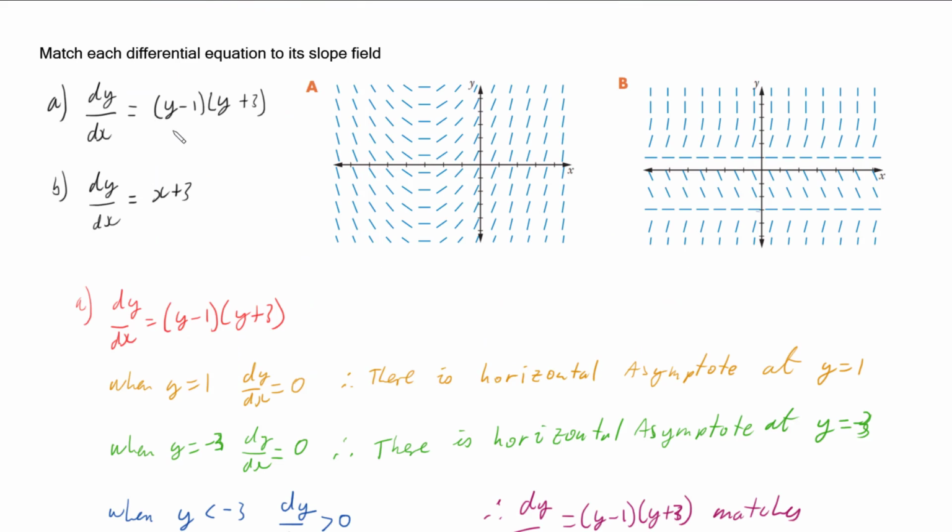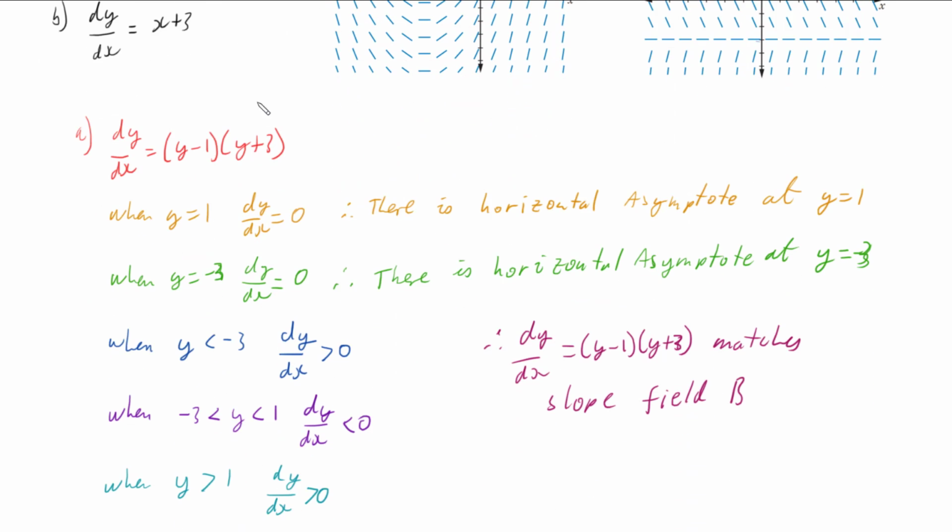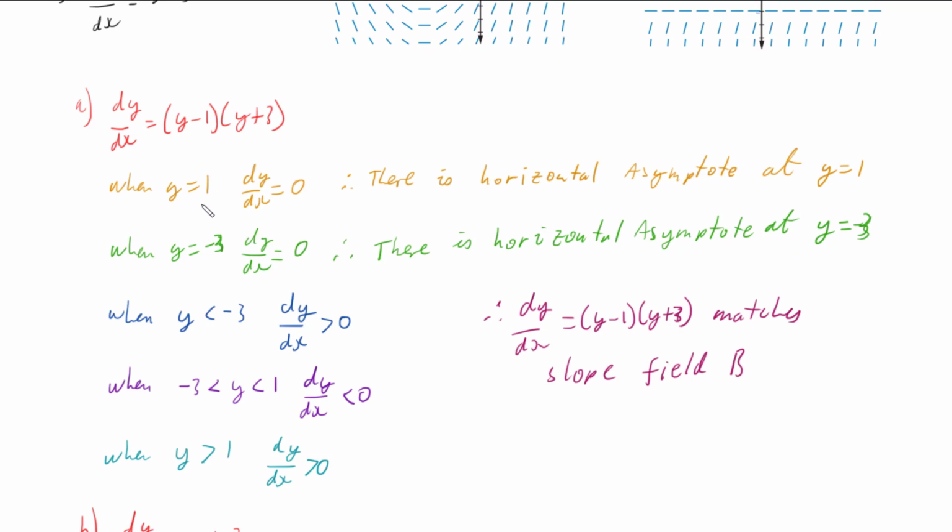So if you want to make sure that a slope field matches a differential equation, or that a differential equation matches a slope field, or to make sure that the slope field you've drawn is correct, you can look at different values on your right hand side and think about what effect they're going to have.